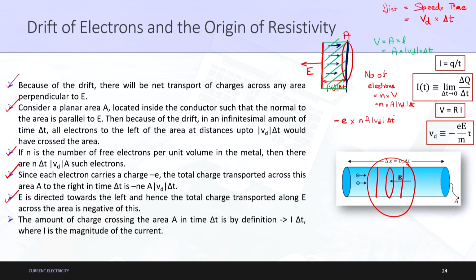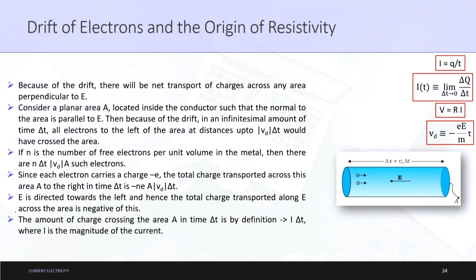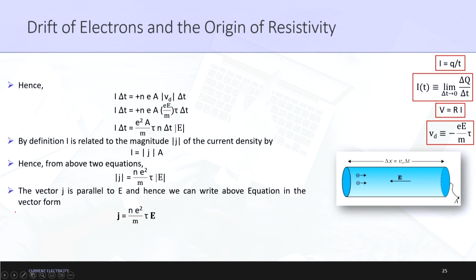Also, from the concept of current, we know that current is nothing but total charge upon delta t. Hence we can write the charge as I multiplied by delta t. Both of these give the charge, where I is the magnitude of current. Hence in the next expression we will equate both of them.